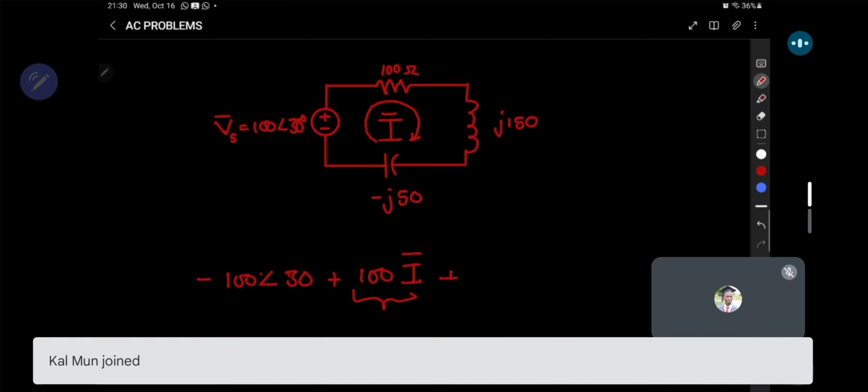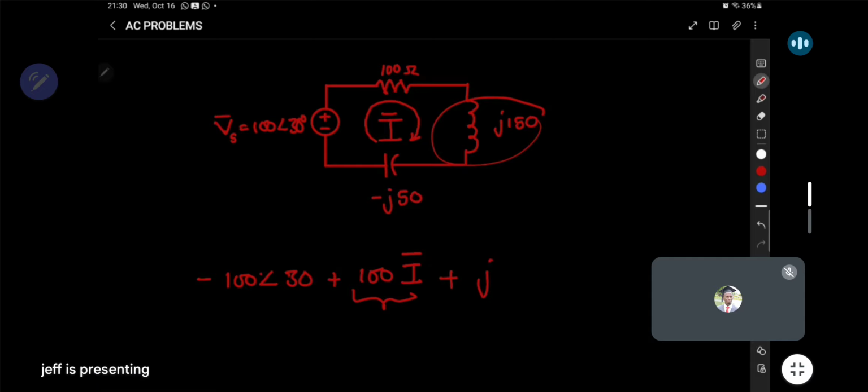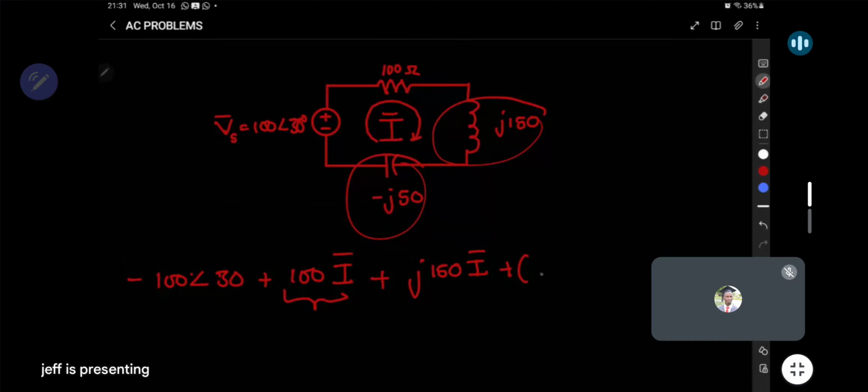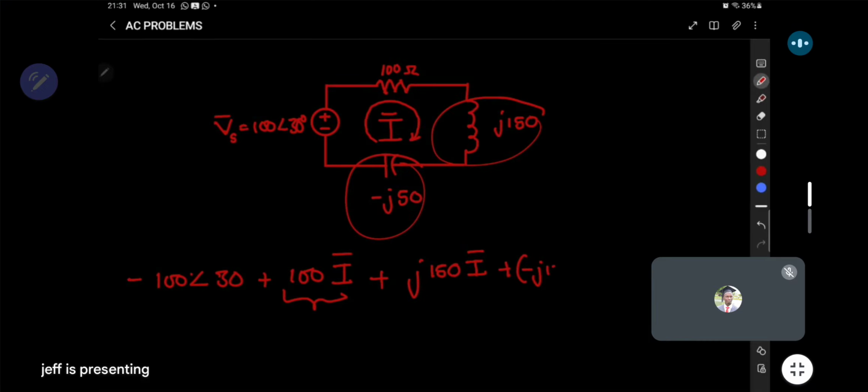Then plus, here again, J150, multiplying the phasor current I passing through it. And then finally we have this one. I want to say plus here, but it comes with a minus. So I have minus J150, then multiplying the phasor current I, is equal to 0.